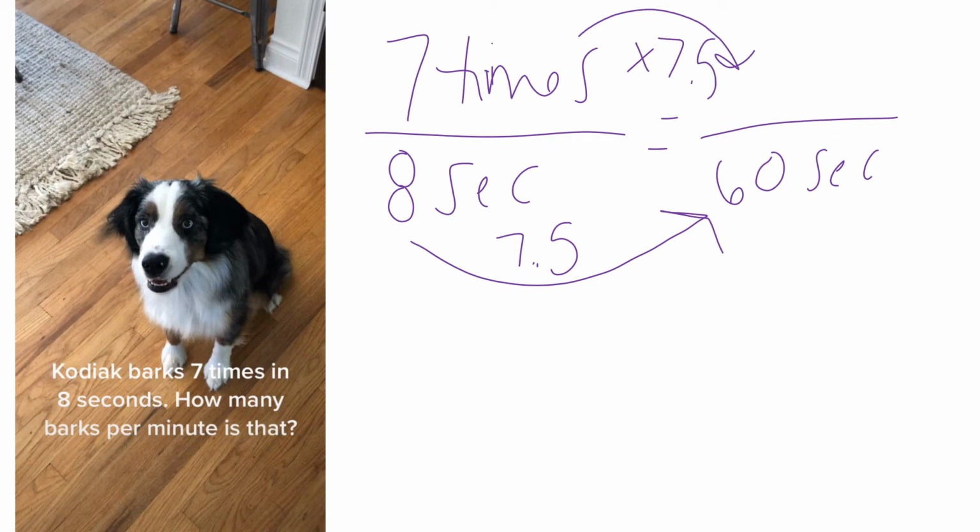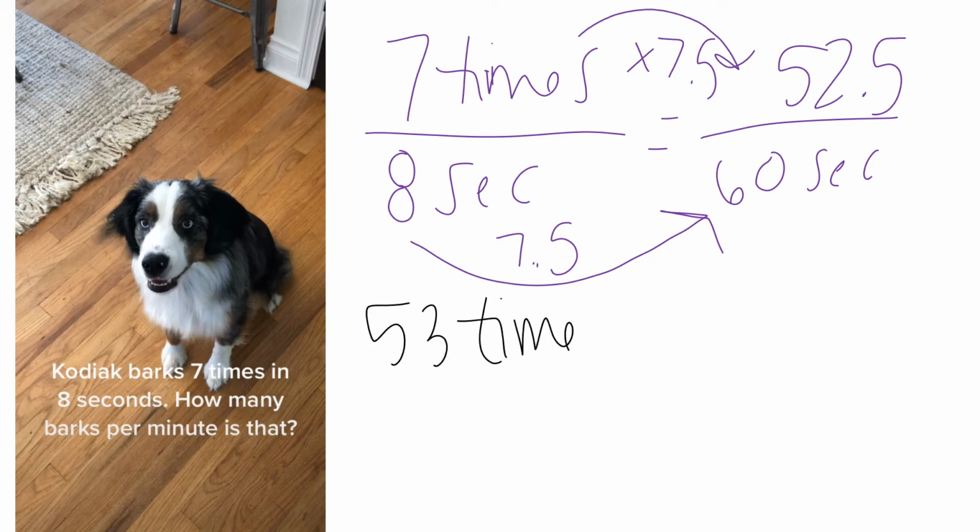And 7 times 7.5 is 52.5. Now, it's hard for him to bark 0.5 times, so we are going to just round that up to 53. So we're going to say Kodiak barks 53 times per 1 minute.